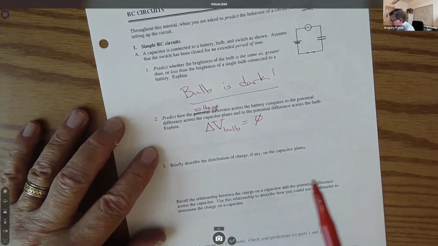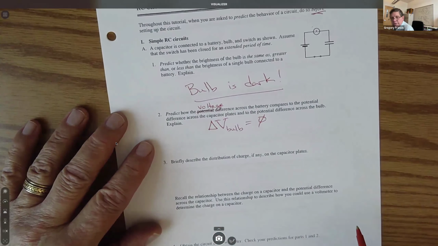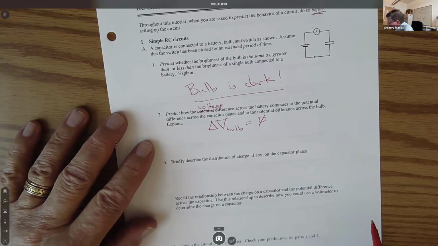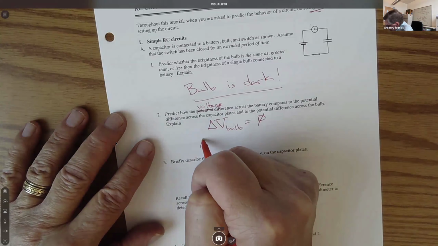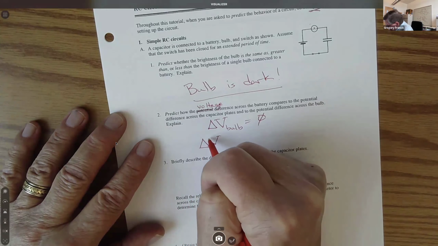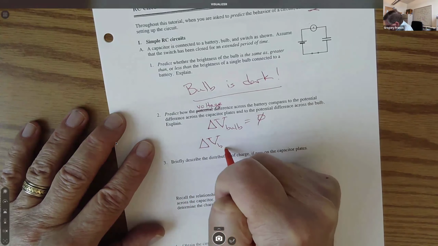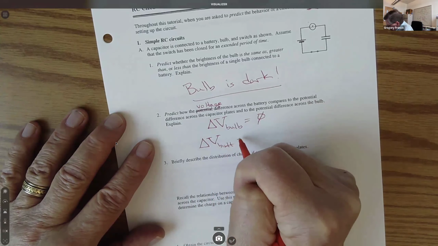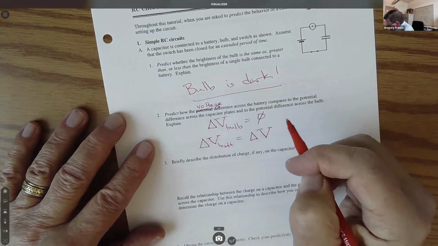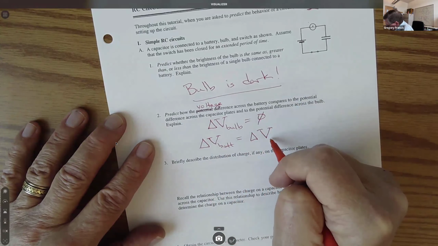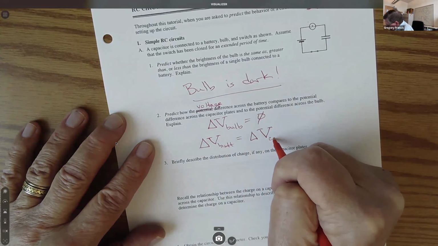And I know that along any path from one side of the battery to the other, the voltage drops have to equal the voltage rise of the battery. So that means that the voltage across the battery has to equal the voltage across the capacitor.